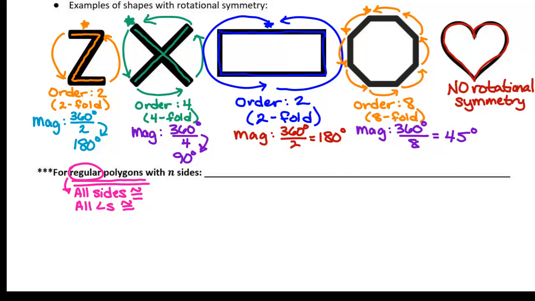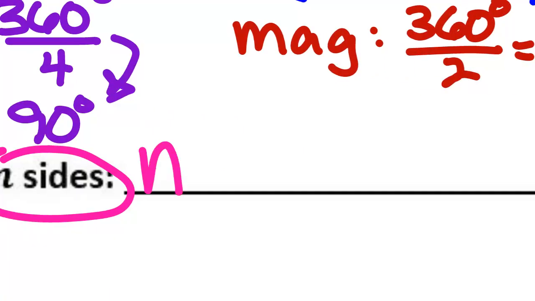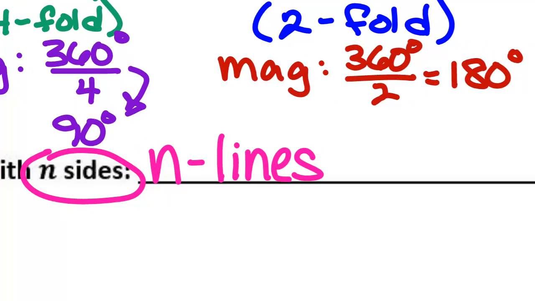So a square or an equilateral triangle or this octagon up here would be examples of regular polygons. So if I'm talking about a polygon with n sides, I don't know how many sides it has. It's any polygon. It could be 3 sides or 5 sides or 10 sides, 25 sides. We get n lines of symmetry.